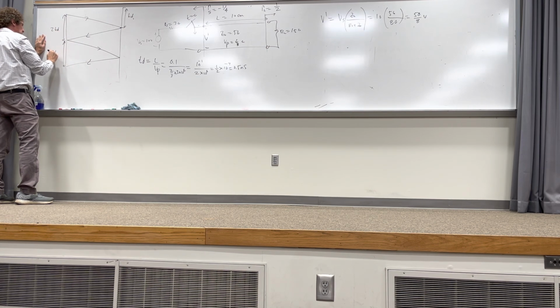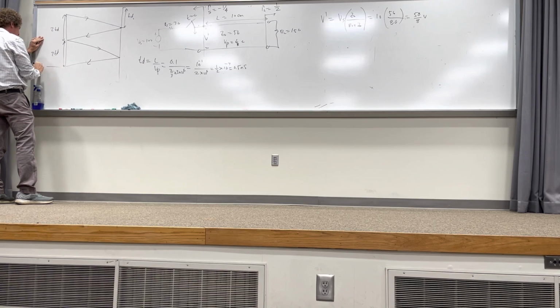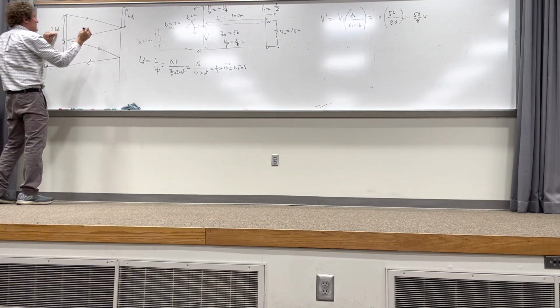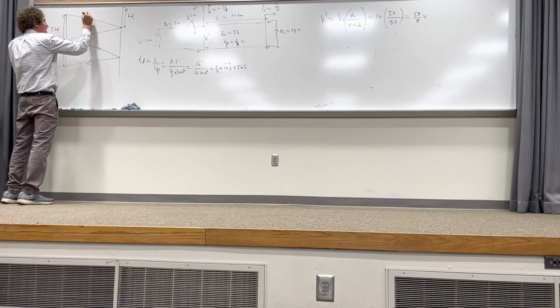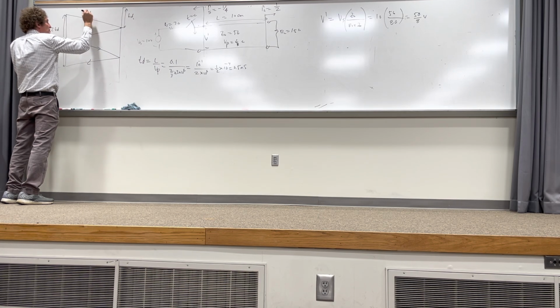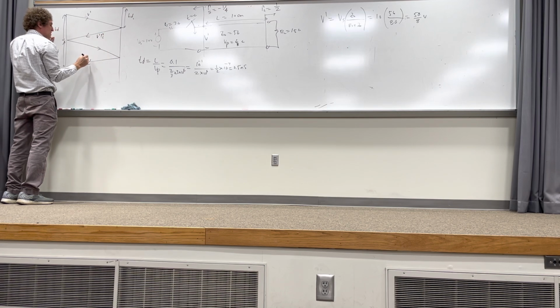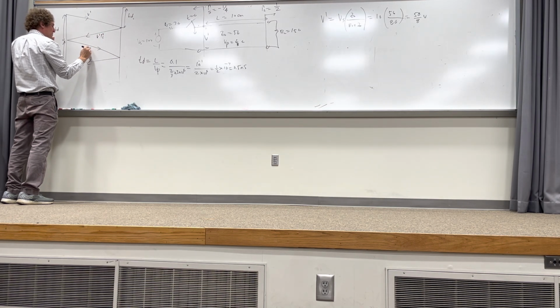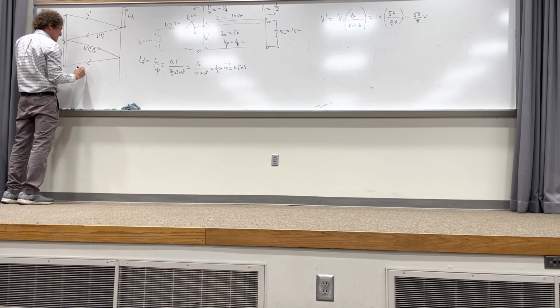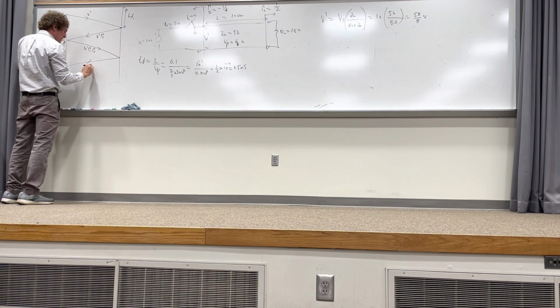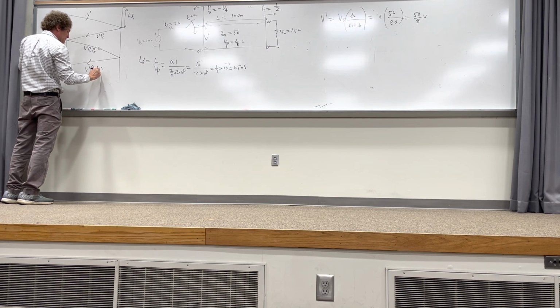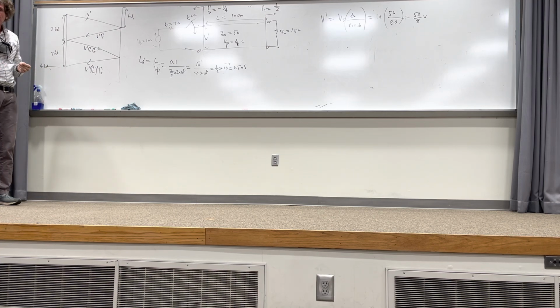This is 2 TD, so this would be 4 TD. And here is going to be the actual value of V prime. Here it's V prime times reflection coefficient of the load. Here it's V prime, reflection coefficient of the load, reflection coefficient of the source. And here it's going to be V prime, reflection coefficient of the load squared, reflection coefficient at the source, and so forth. You all with me?